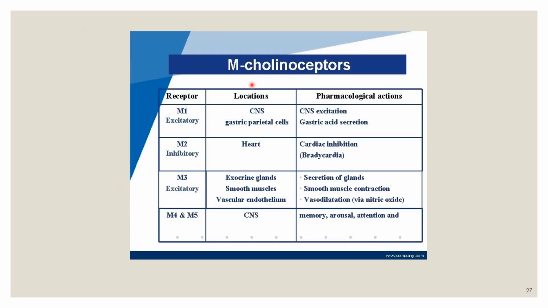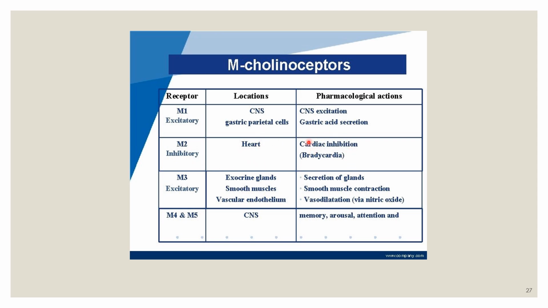You can see M cholinoceptors or muscarinic cholinoceptors. They are 5 different types. M1 is excitatory, present in the central nervous system and gastric parietal cells. So they will cause excitation of the central nervous system, and they will cause secretion of gastric acid. M2 are inhibitory. They are present in the heart.